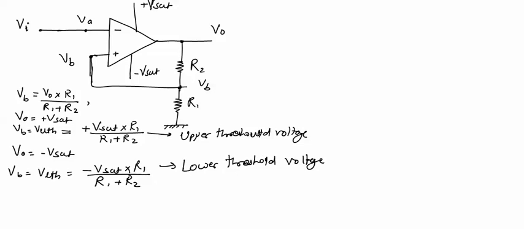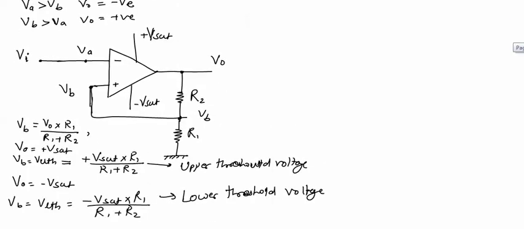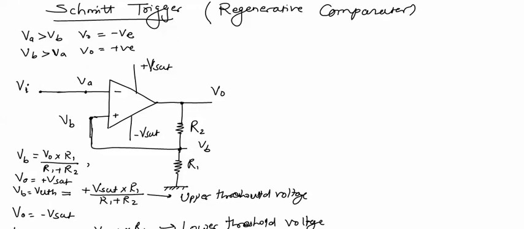Now we'll draw the output waveform for this operational amplifier. We have got the expression for VUTH and VLTH already. We will apply a sinusoidal voltage at the input terminal, that is Vi will be a sinusoidal voltage.